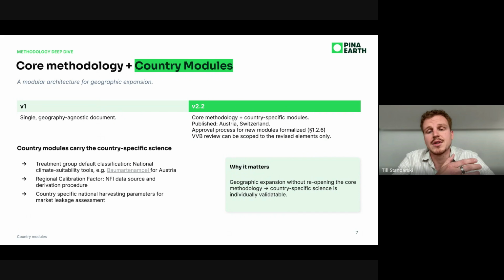This way we have the option to describe the general process in the methodology description, that there has to be a particular data source that decides whether a tree species is considered stable or unstable, but we can then use the country modules to define this exact data source. So this is part of the country modules, and they are also used for other aspects of the methodology description, for example, as data source for the regional calibration factor, as well as for the market leakage assessment.